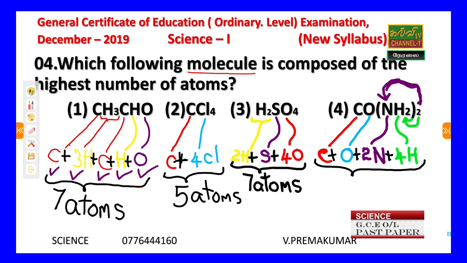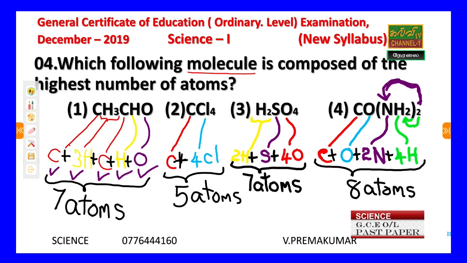When you add these atoms, carbon 1, oxygen 1 makes 2, 2 nitrogen makes 4, and 4 more makes 8. There are 8 atoms. Right? Now you can understand the question: which of the following molecules is composed of the highest number of atoms?